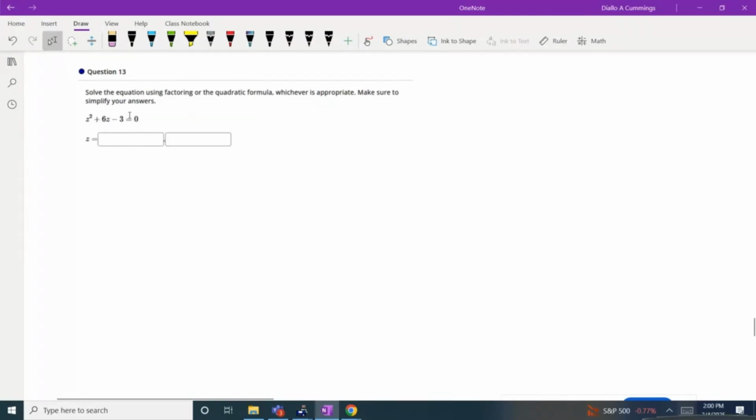So for this trinomial, z squared plus 6z minus 3, we cannot factor it using the zero factor method, but we can use the quadratic formula. Since it's already in standard form, a is equal to 1, b is equal to 6, c is equal to negative 3.